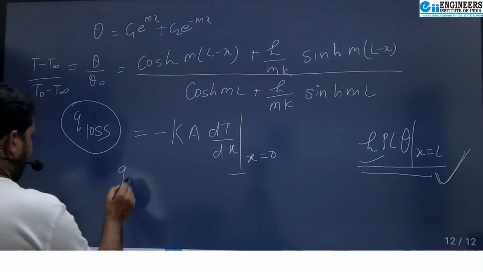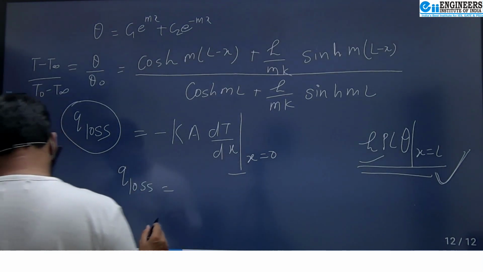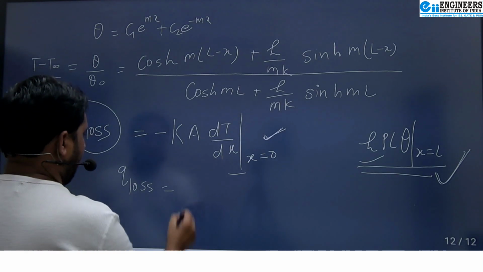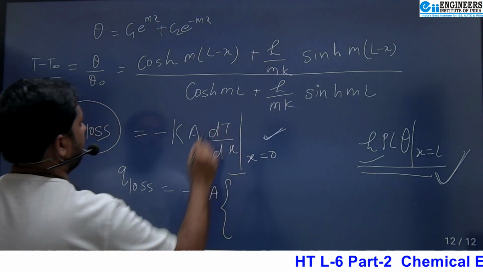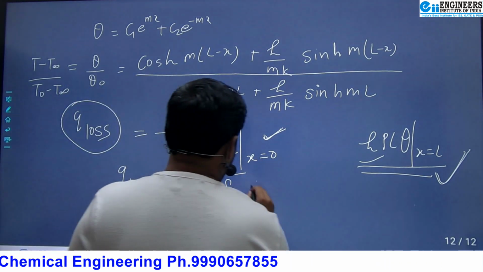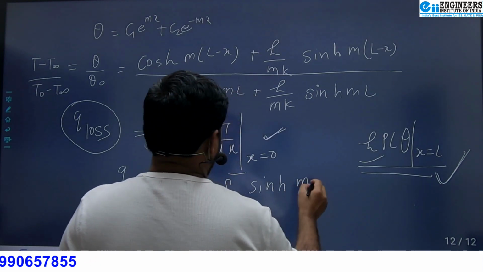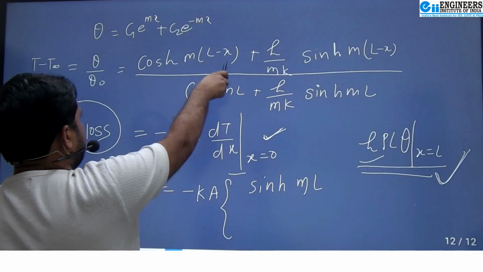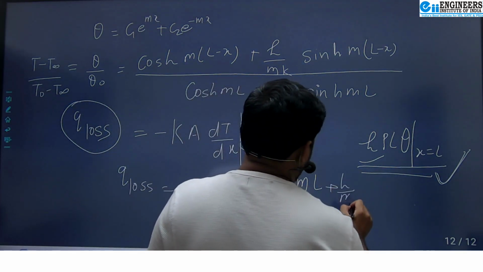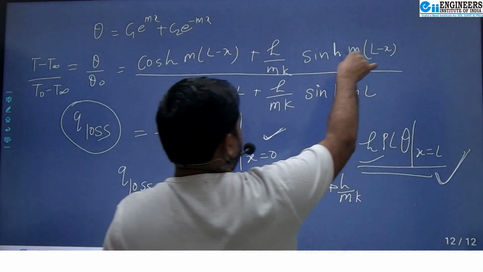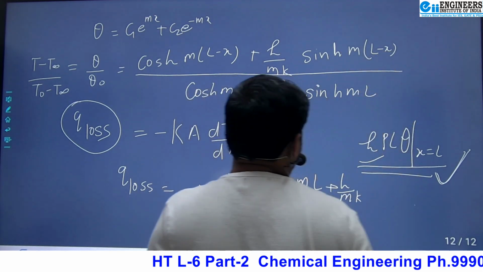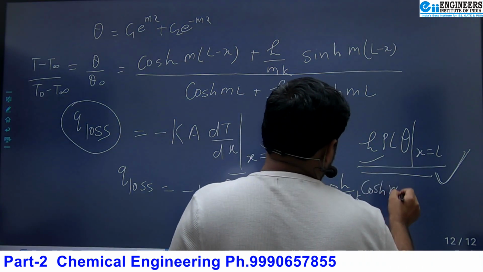So when you calculate this Q loss, first differentiate this. You are applying this formula: Q loss is minus Ka times the differentiation of this particular expression. When you differentiate the cosh function it becomes sinh, and at x equal to 0 it will be sinh mL. Now again h by mk: if you differentiate, it becomes cosh m(L minus x), and again if you put x equal to 0, it becomes cosh mL.